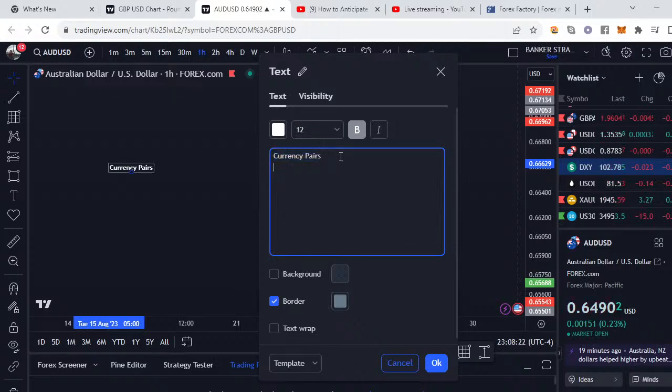Currency pairs are two currencies trading against each other on the market.